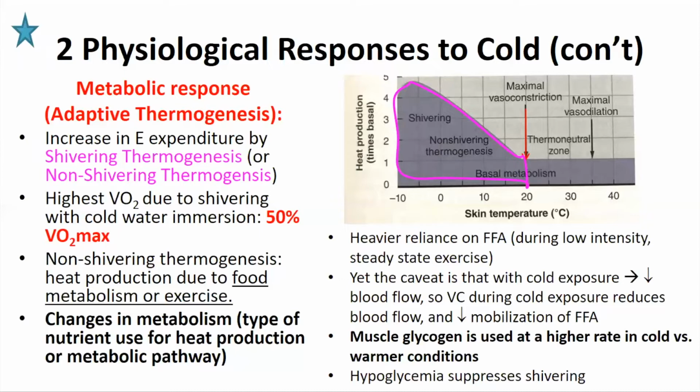And three, we might have used up all our glycogen due to shivering. So in the cold, even at low intensity steady state exercise, we will rely more heavily on glycogen and anaerobic glycolysis versus fat metabolism.